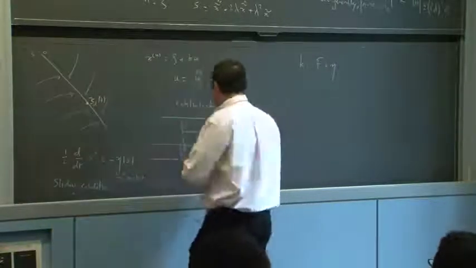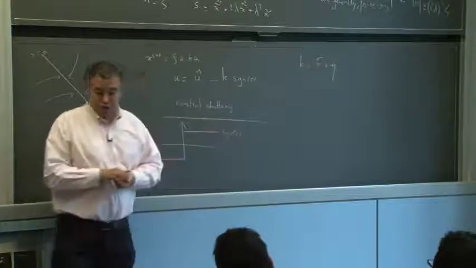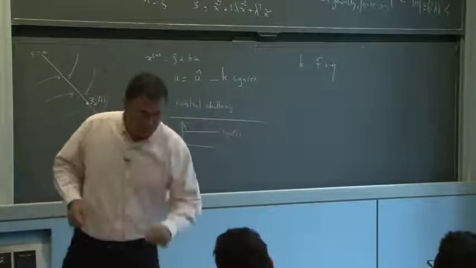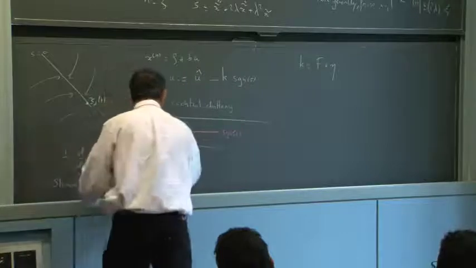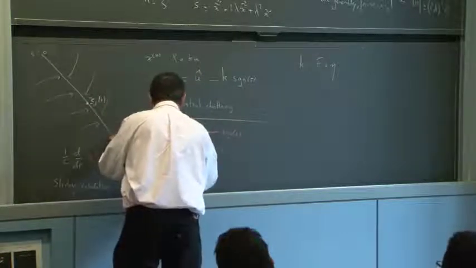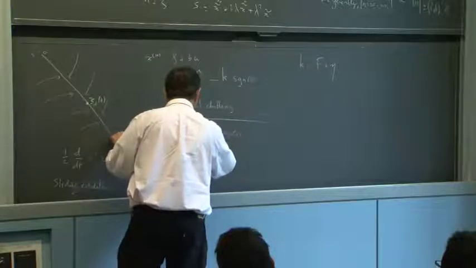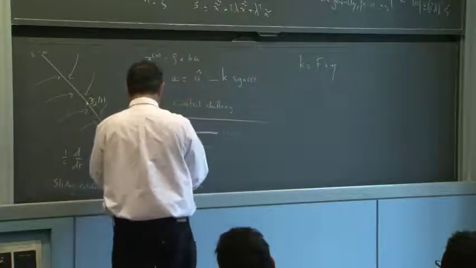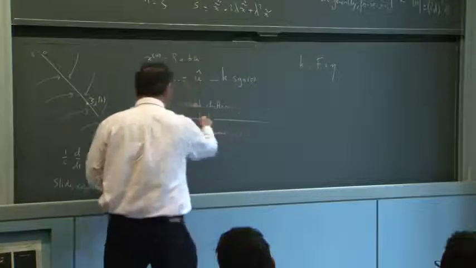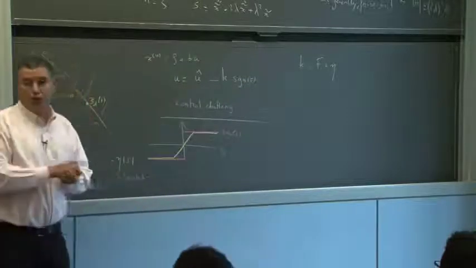So instead of using this sine function in the control law, perhaps we can do something a little more gentle, something which is kind of a sine function. Instead of jumping around at s equals 0, we have some smooth transition between +1 and -1.